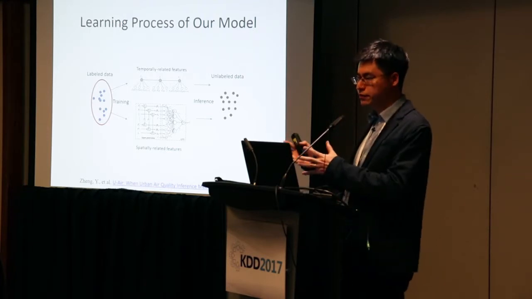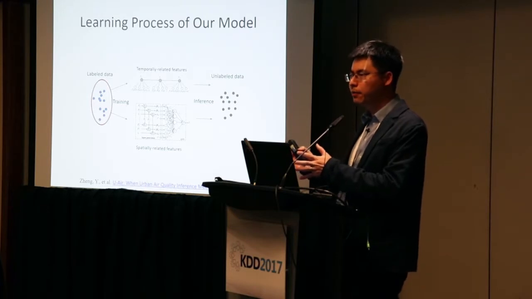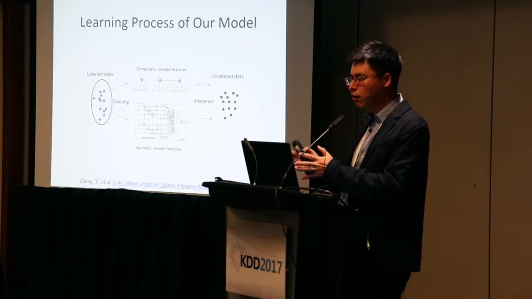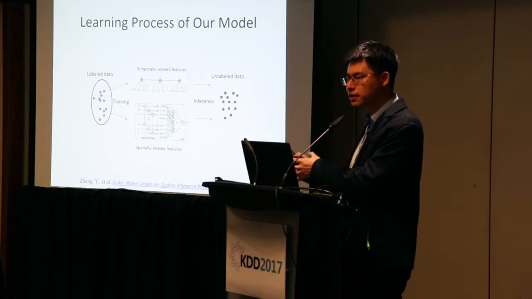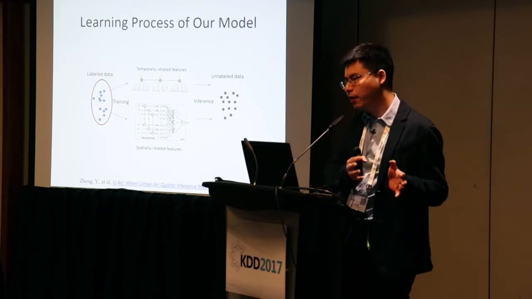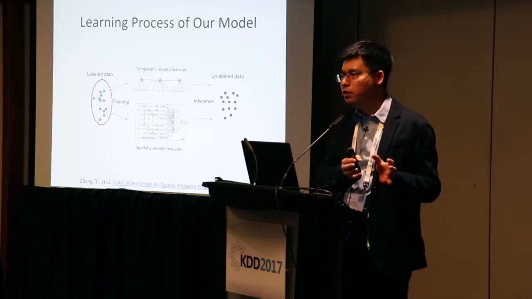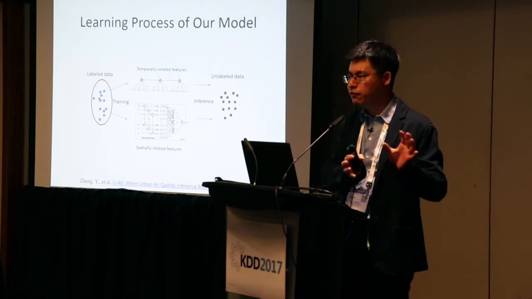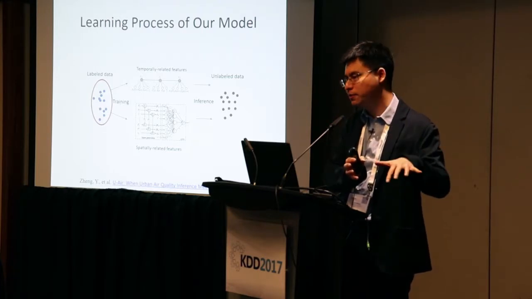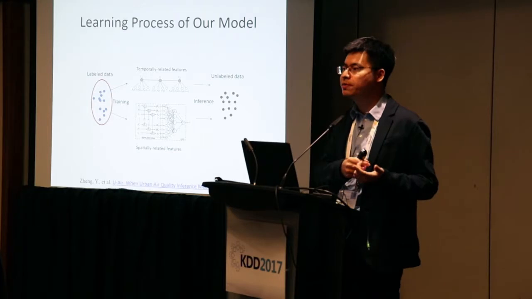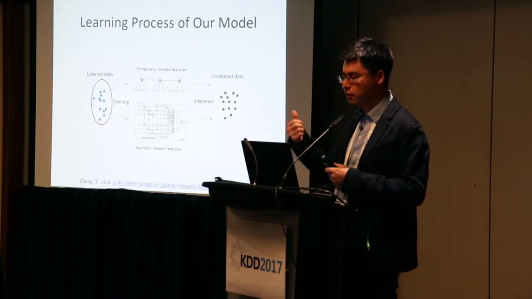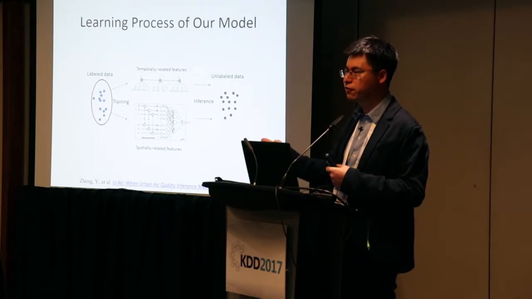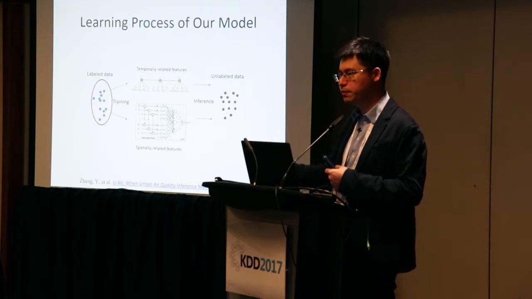The reason why we use the co-training framework has two reasons. One, from the computer science perspective, we have very limited labeled data. We need to leverage more unlabeled data. From the domain aspect, there are two distinct views, from temporal space or from spatial space, and they also correspond to the reason why there is pollution. The reason for pollution comes from three parts. One is local emission.